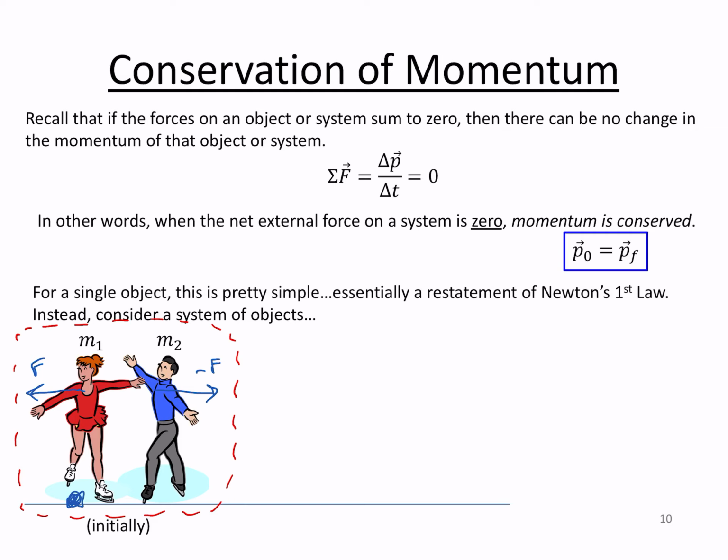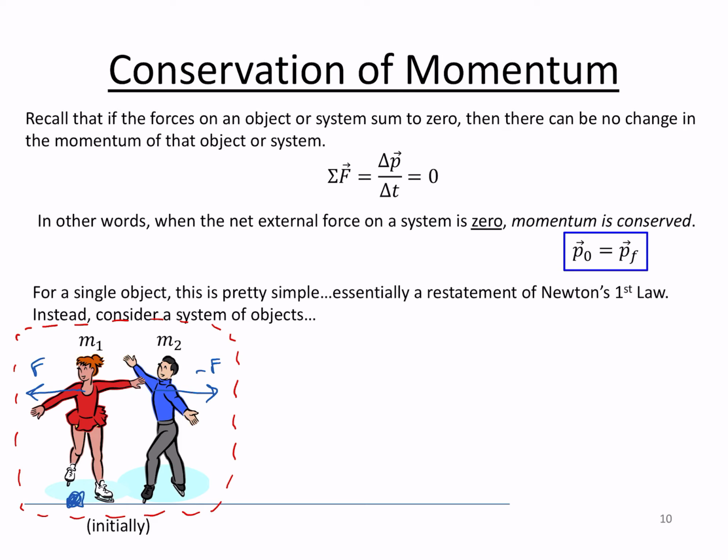Well, here it's going to be even more important in that if we select the system of objects to be both of these ice dancers together, well, then the net change to their momentum is going to be 0.